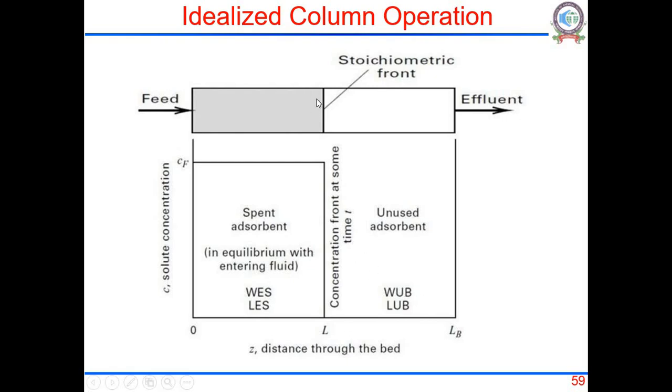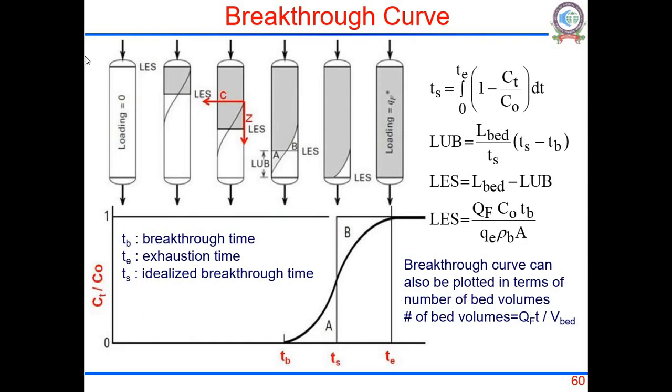Now this is the idealized operation. This will happen if the adsorption process is extremely fast. In reality, obviously that is not true. So what happens is this adsorption front is not a sharp interface, but a diffuse interface. If you plot concentration on this axis versus length, concentration is zero, let's say here, and it progressively increases to the feed concentration at, let's say, this length of the bed.